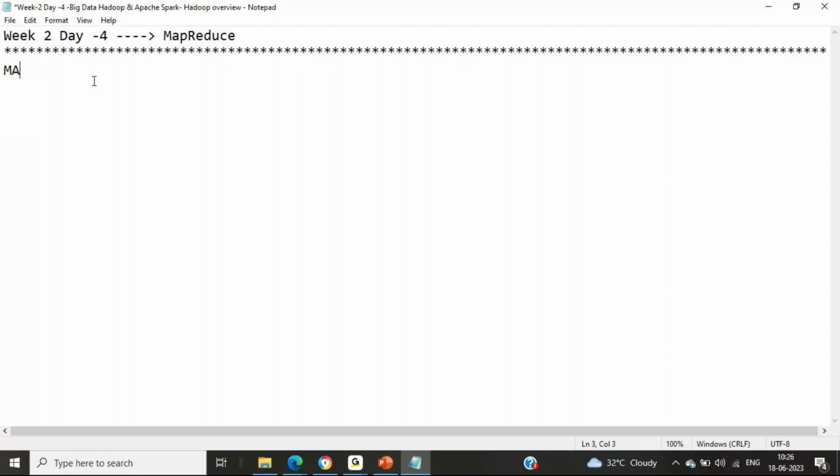What I told is, MapReduce is the combination of two words: number one map, number two reduce.